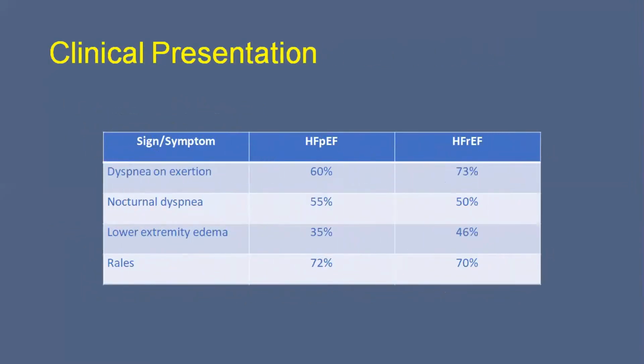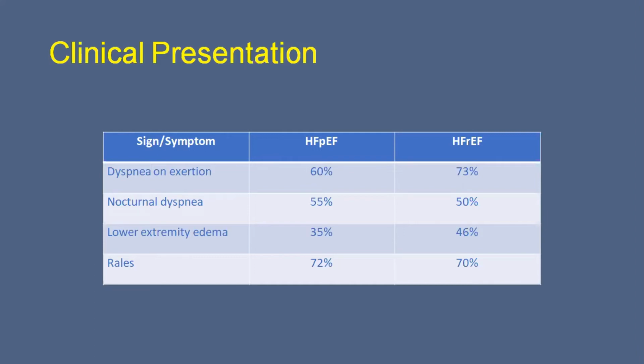So the clinical presentation, the signs and symptoms, heart failure with preserved ejection fraction versus heart failure with reduced ejection fraction. Dyspnea on exertion is 60% in HFpEF, whereas 73% in HFrEF. Nocturnal dyspnea is 55% in HFpEF, and in heart failure with reduced ejection fraction it is 50%.